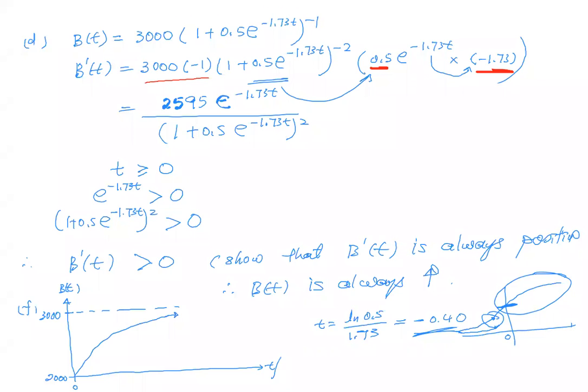So sometimes don't think that logistic always has an inflection point, because if the inflection point is at the negative part when you talk about time, that means I can conclude that the B population is always increasing with decreasing rate.